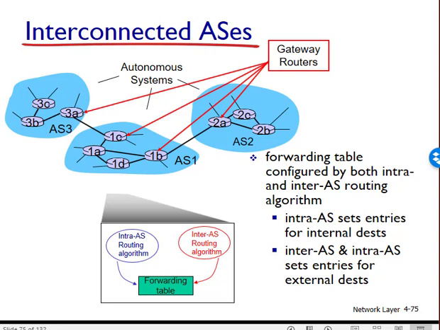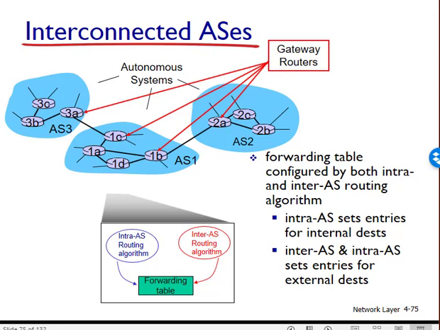Autonomous System 1 has four routers, 1A, 1B, 1C, and 1D, which run the intra-autonomous system routing protocol used within Autonomous System 1. Each of these four routers knows how to forward packets along the optimal path to any destination within AS1. Autonomous systems AS2 and AS3 also each have three routers.